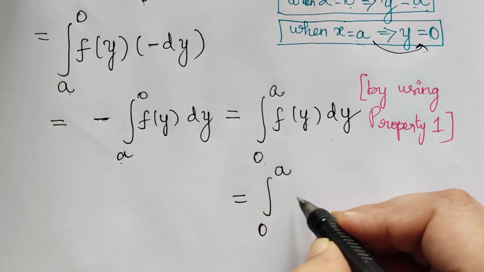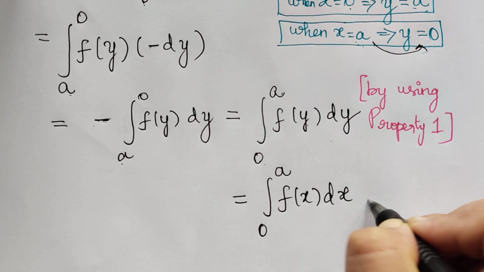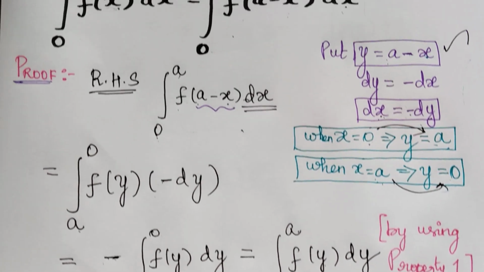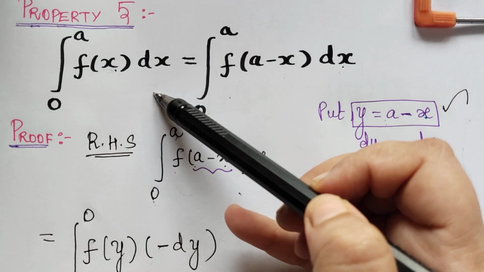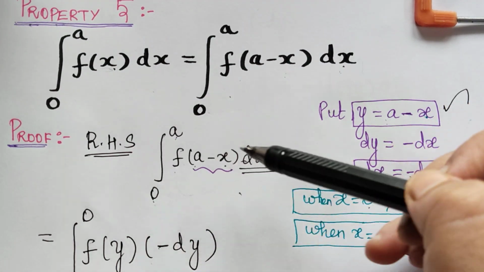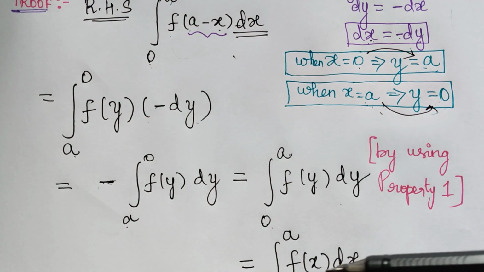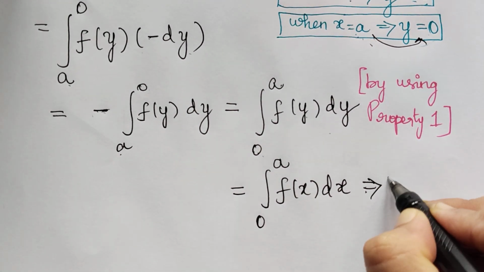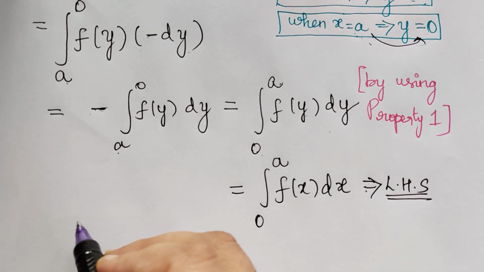So this can be written as integral 0 to a f of x dx. Now, what is this actually? It is our left hand side. So the left hand side is 0 to a f of x dx. So we started with our right hand side. We made the substitutions, and after making the substitutions, we see that we have arrived at the left hand side. So hence we have proved this property.